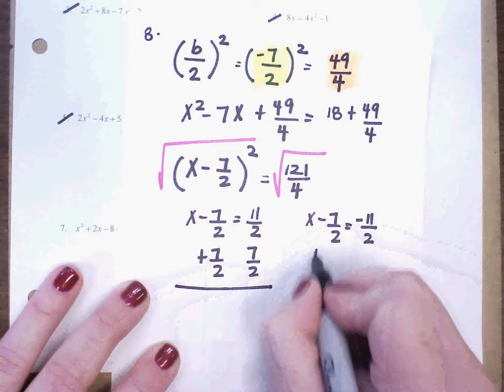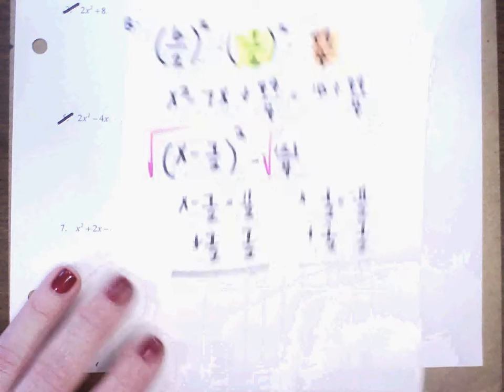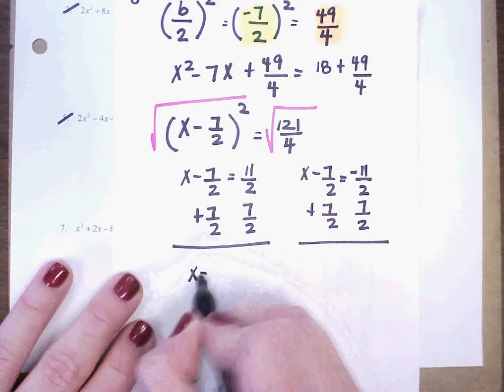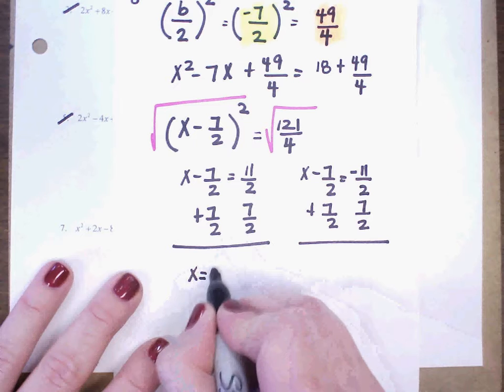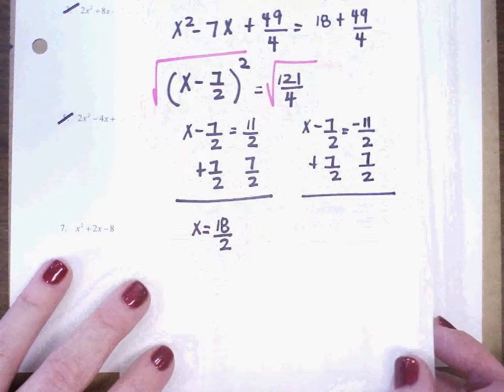All right, so plus 7 halves. What's 11 halves plus 7 halves? So 18 divided by 2.